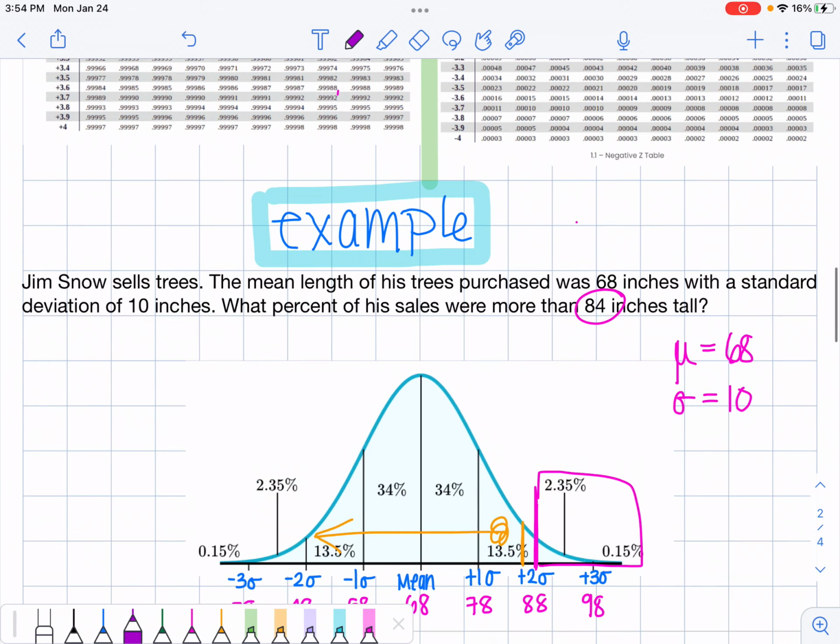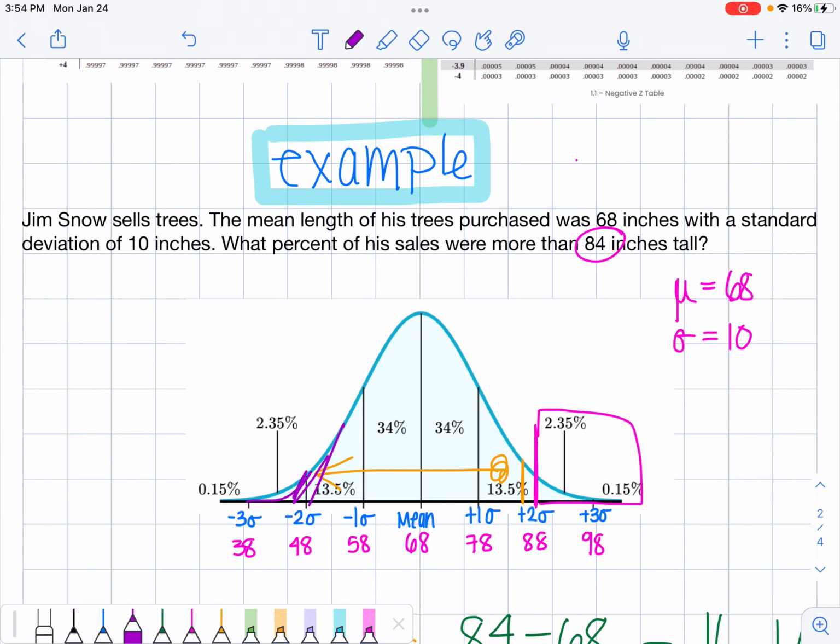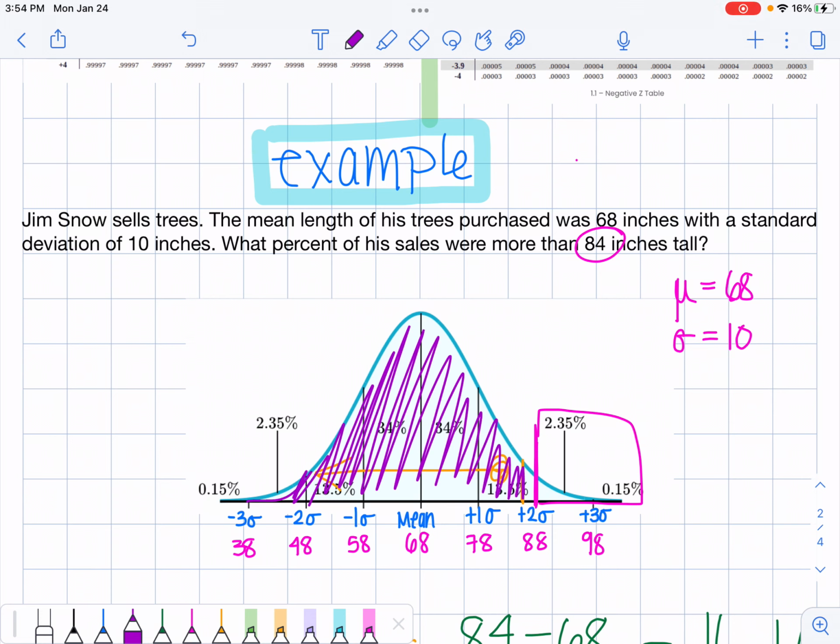Because it's looking at the whole, we are taking this whole bell curve all the way up to here. But we want to know how many were more than 84 inches tall. And remember, under the bell curve is 100%.